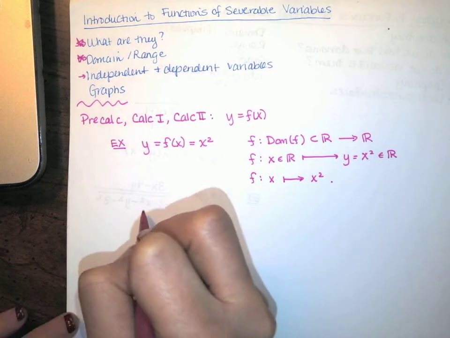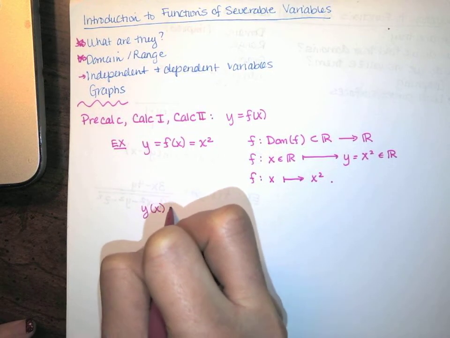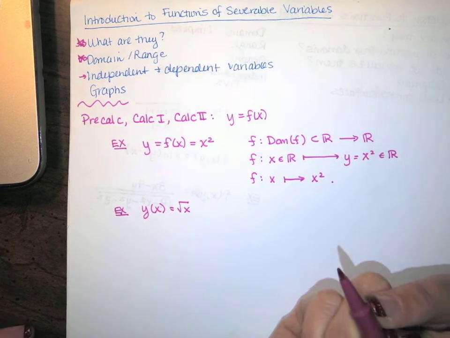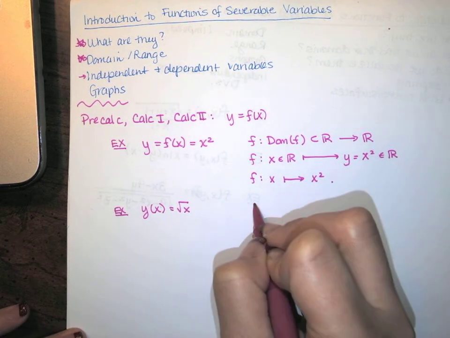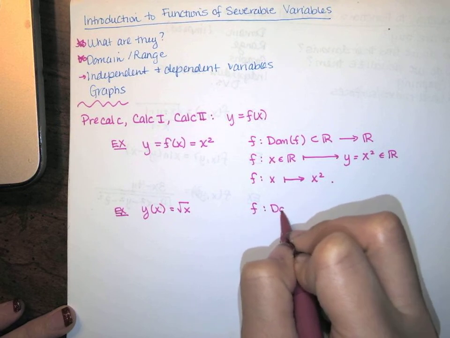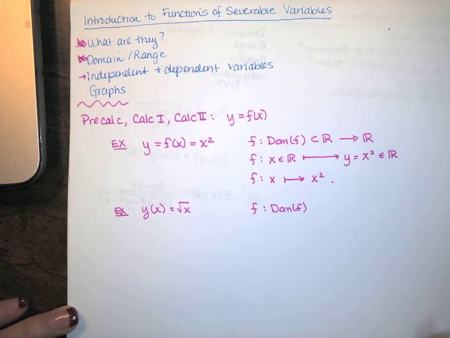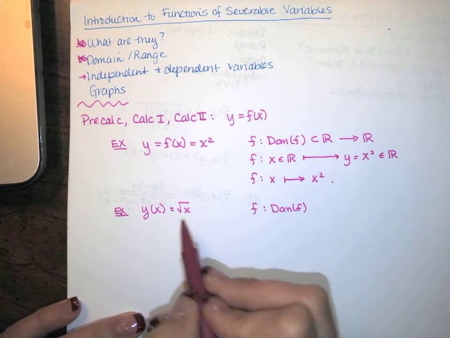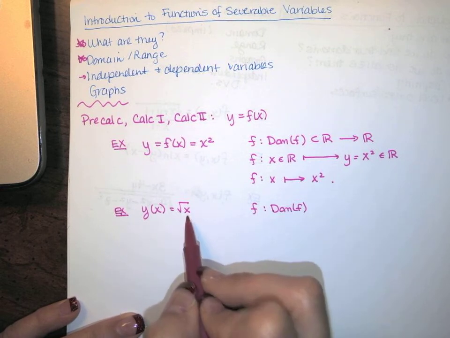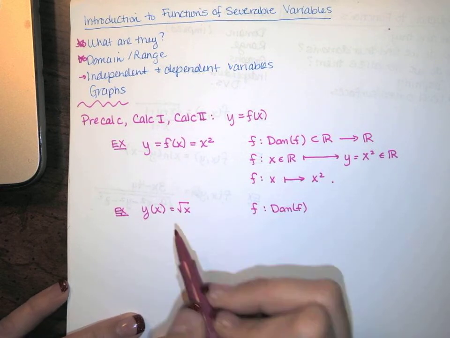Now for a function like this, y equals the square root of x, we did pretty much the same thing, only this time our domain was not all real numbers, but a subset of the real numbers. The subset this time was all positive x values, or excuse me, non-negative x values.